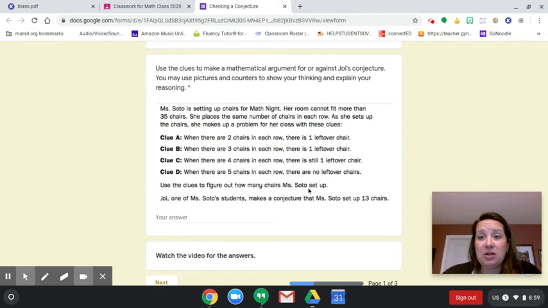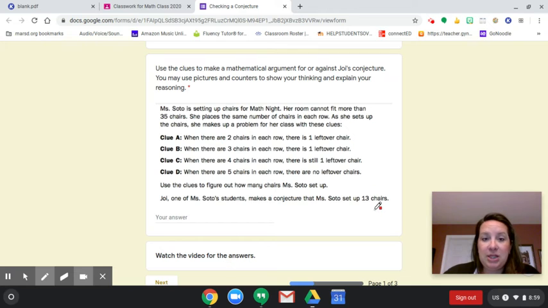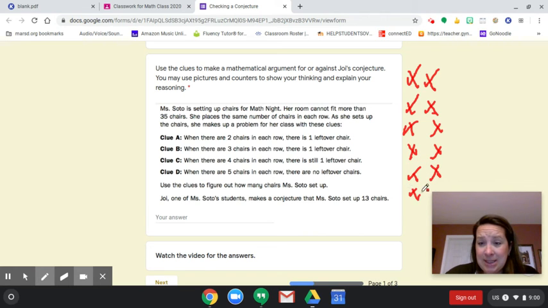So guess where we're going to start? With 13 chairs. So you're going to take your piece of paper and draw 13 chairs and test it against each clue. So it says when there are 2 chairs in each row, there's one left over. So if we had 1, 2, 3, 4, 5, 6, 7, 8, 9, 10, 11, 12.